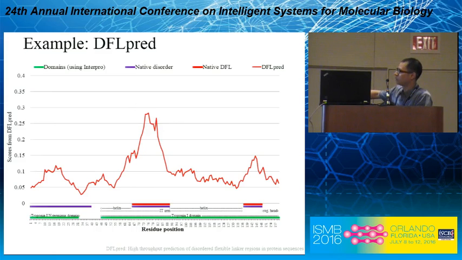This curve here is the score from DFLpred. We can see our method has a high probability score for these two DFL regions, so we can find the two DFL regions accurately.